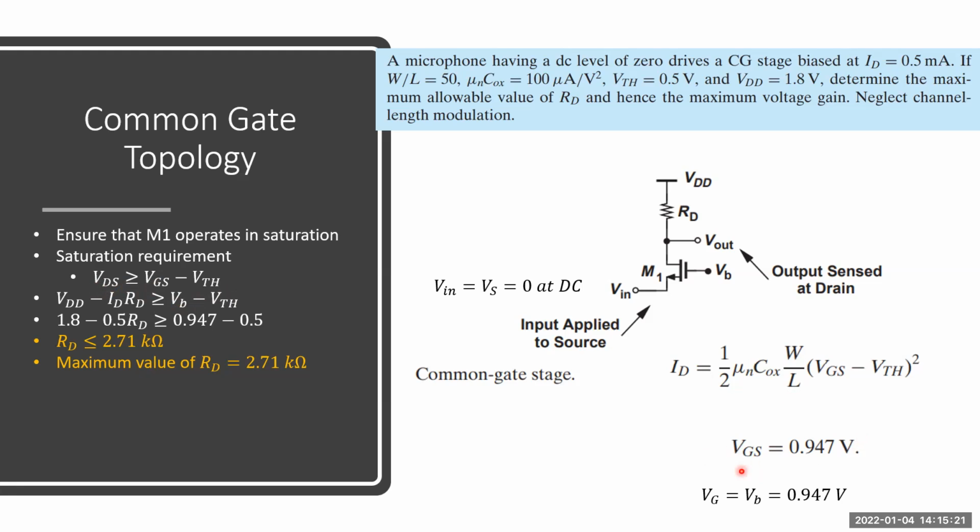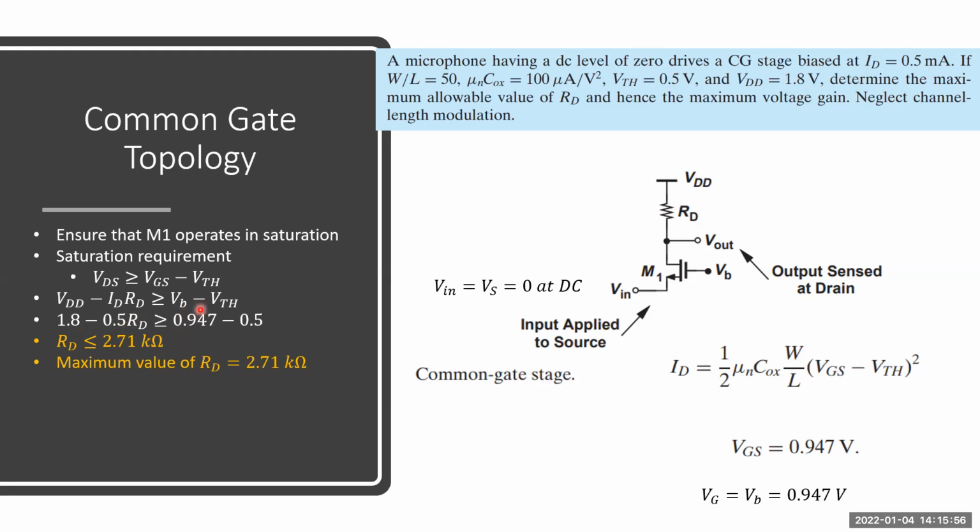The VGS value is given in the question, it's 0.947 volt. We know that the DC input value is 0. Then the gate voltage, or VB voltage, equals the VGS voltage here. What is the VD, the DC drain voltage? It equals VDD minus drain current times RD: 1.8 minus 0.5 milliamp times RD.